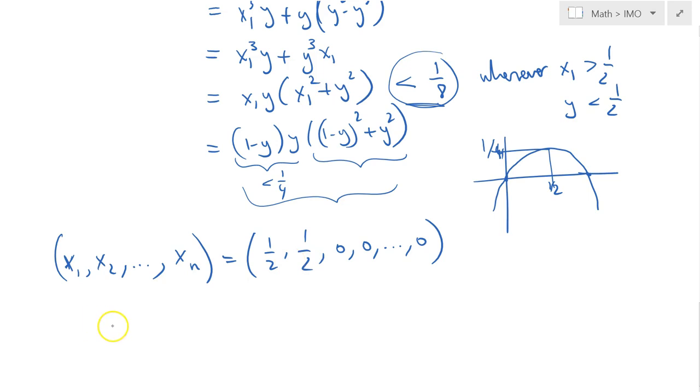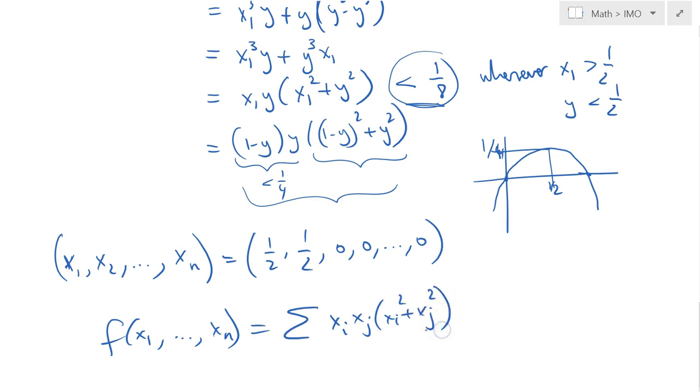And let me remind you the function again. Our function that we are optimizing is the sum of xi xj times (xi squared plus xj squared), where i is less than j, which is less than or equal to, we established that c must be 1/8, and the equality condition holds when this is the case.